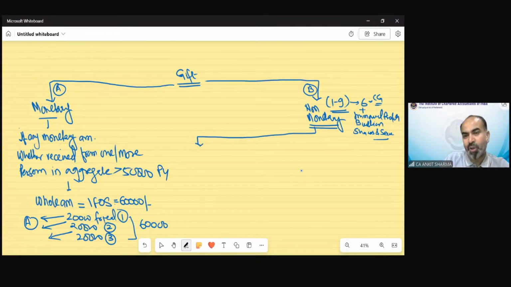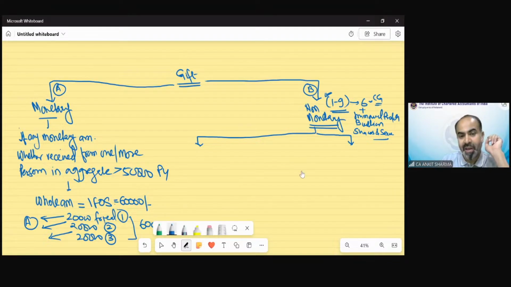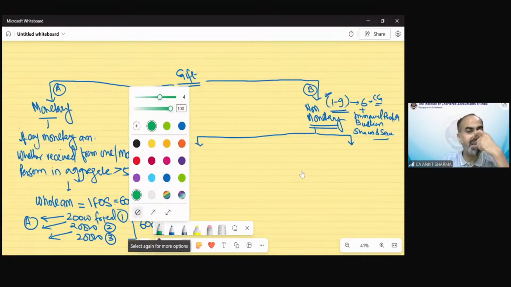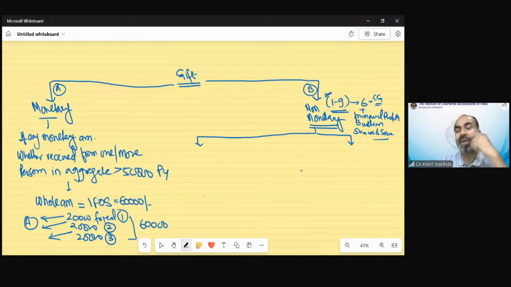As I have explained, we are having 9 assets. So let me tell you in the starting, if there is a question regarding a non-monetary asset to be treated as gift or not, then first of all check whether the asset given in the question falls in these 9 assets or not. If it does not fall in these 9 assets, do not try to apply the provisions of income from other source.